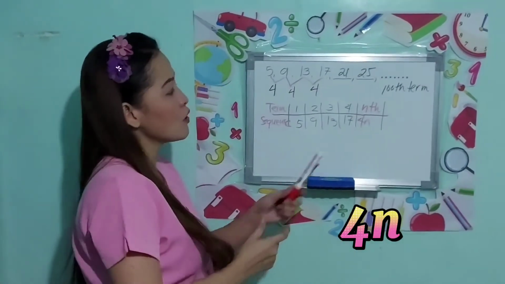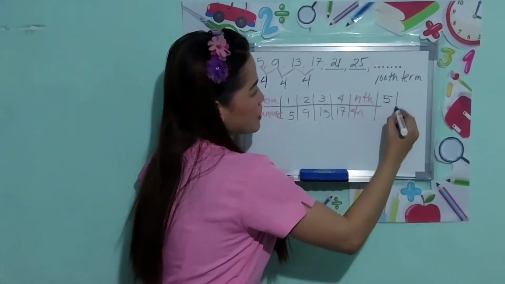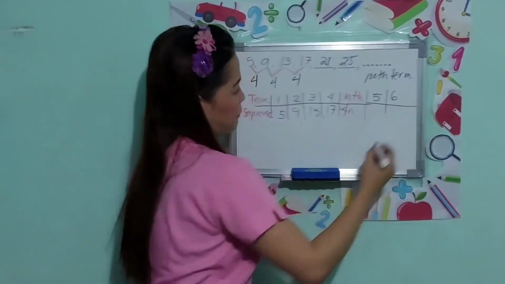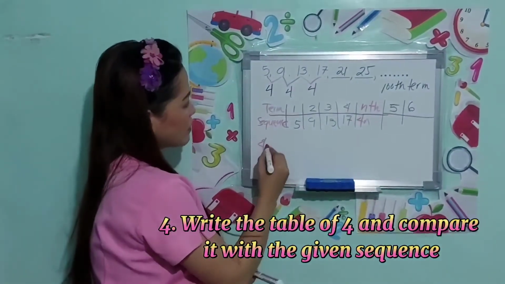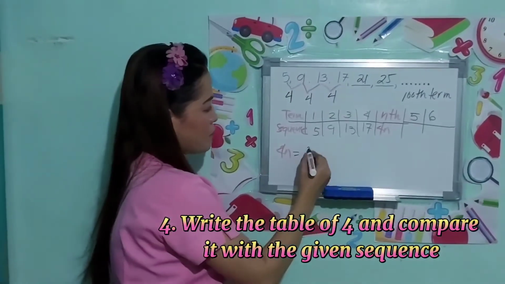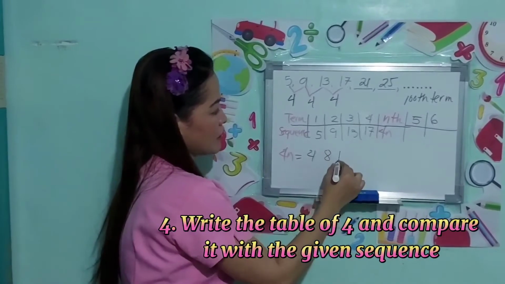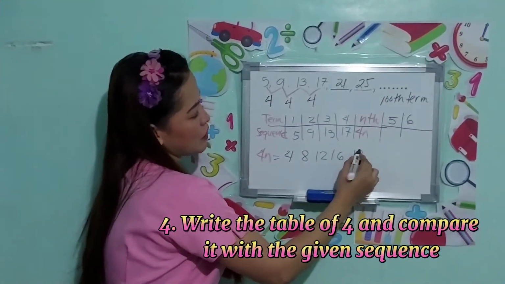For example, we are going to look for the 5th term, the 6th term, and so on. Now, let's try to write the table of 4. So, we have 4, 8, 12, 16, and 20.